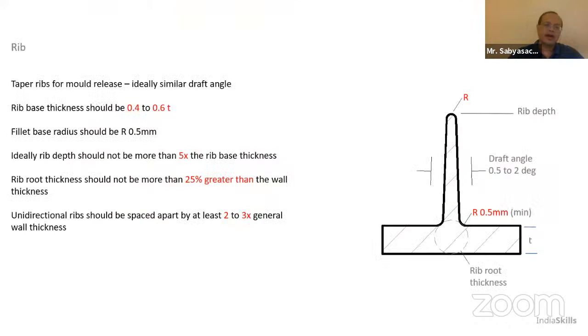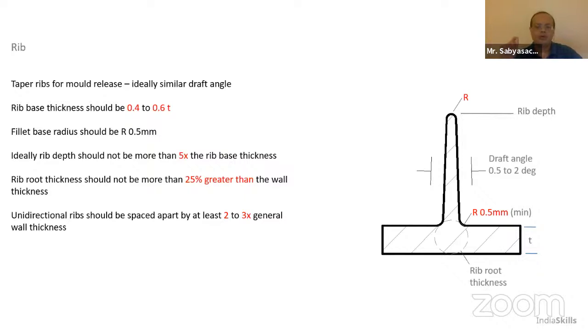So let's look at a rib. You have a rib which has got a draft angle. It has to have a draft on both sides because imagine your mold opening is perpendicular. So you need to have a draft on both sides. Your wall thickness is T, if I take it as T. So the base of the rib should be between 0.4 to 0.6 of your general wall thickness.